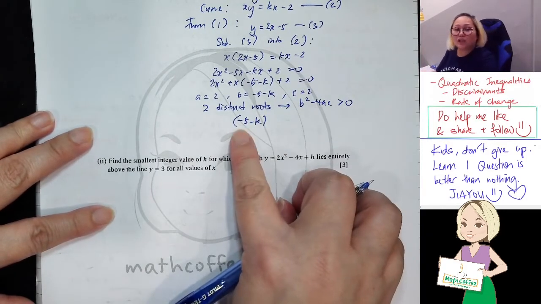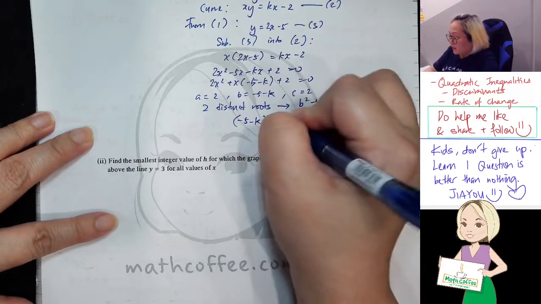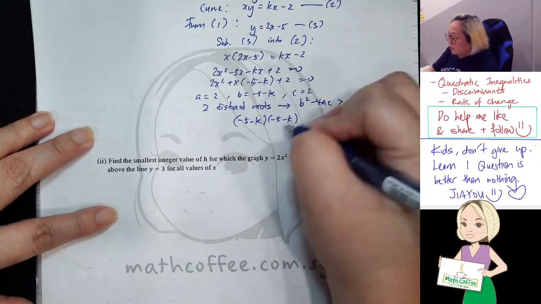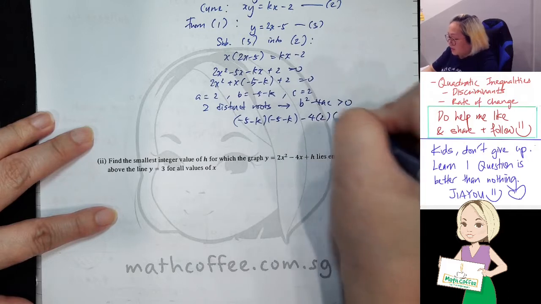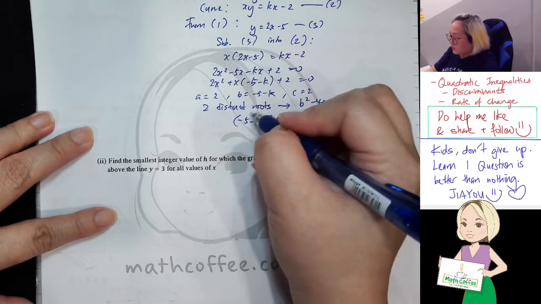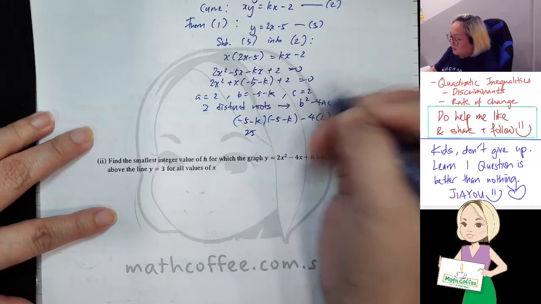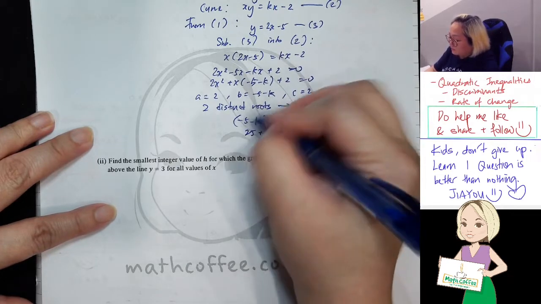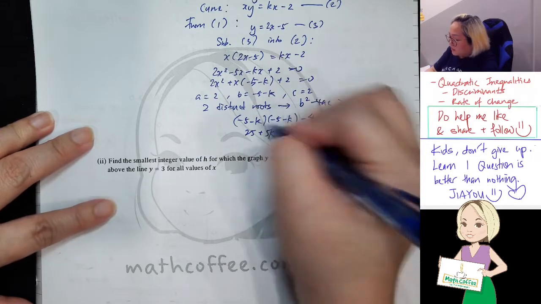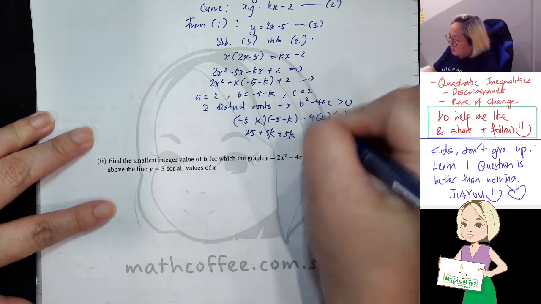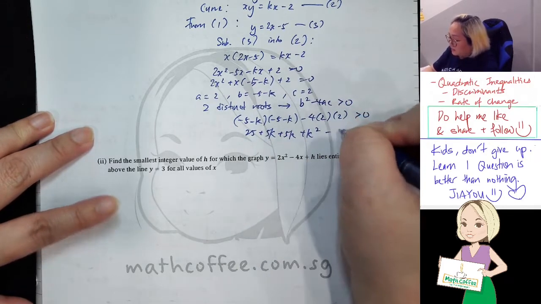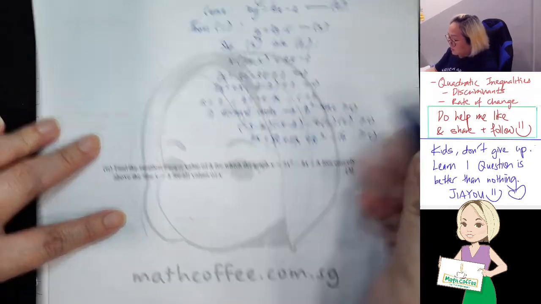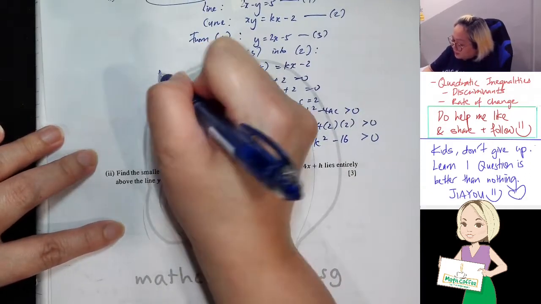So I will suggest that you put it as 2 bracket and do the normal rainbow. B squared minus 4ac more than 0. So let's rainbow. This one times this one, 25. This one times this one, plus 5k, plus 5k, plus k squared, and minus 16. Okay, I'm going to move to this part. Follow the arrow.